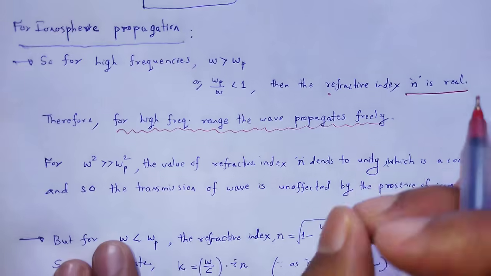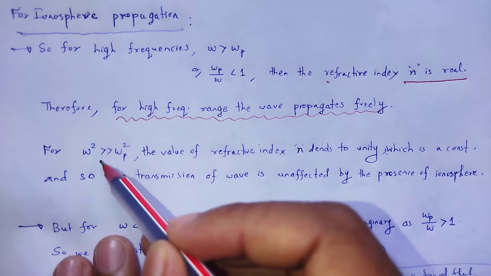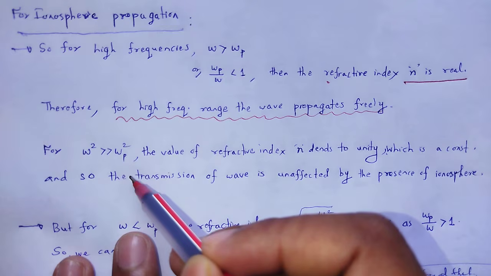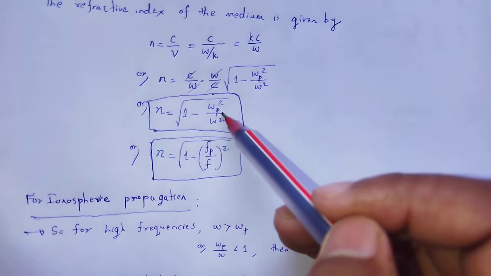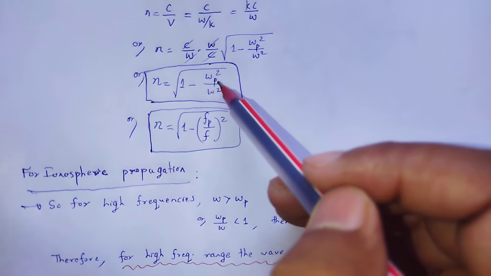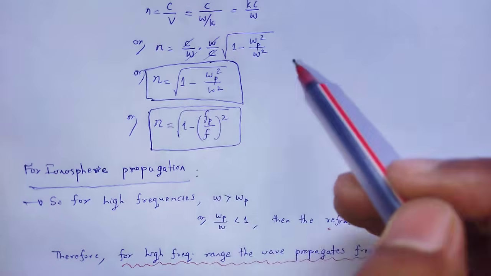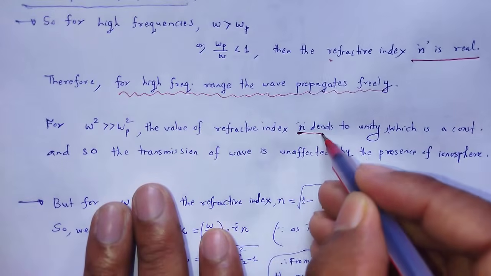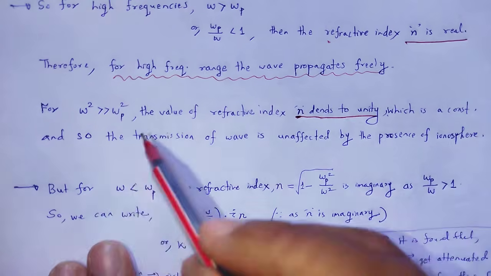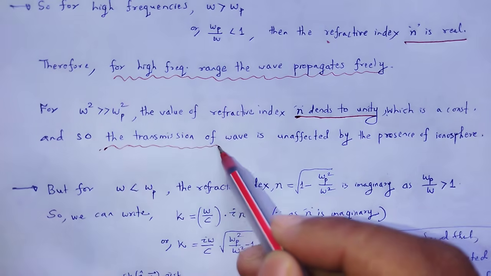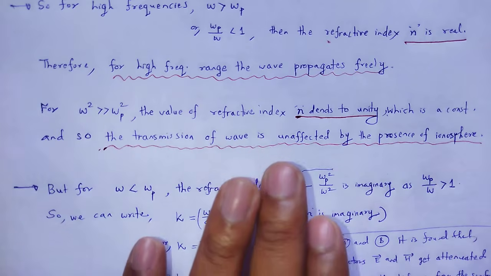Why? Mathematically it can be made clear. When omega square is very much greater than omega p square, then n tends to unity, n is equal to 1, which is a constant. So the transmission of the wave is unaffected by the presence of the ionosphere.